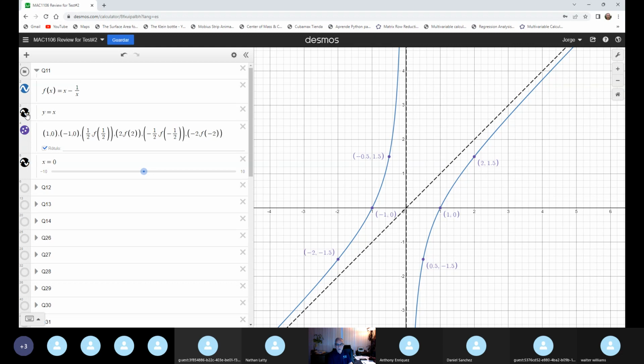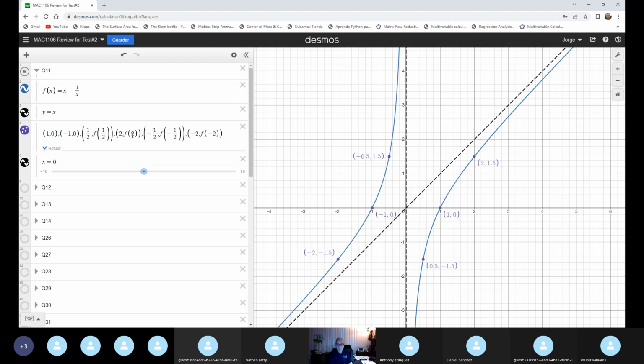And we investigated on paper that the x-intercepts were (1, 0) and (negative 1, 0), this and this one. And we have other complementary points before and after these. Evaluate 2, evaluate 3, or f(2), and the computer gives the decimals automatically.